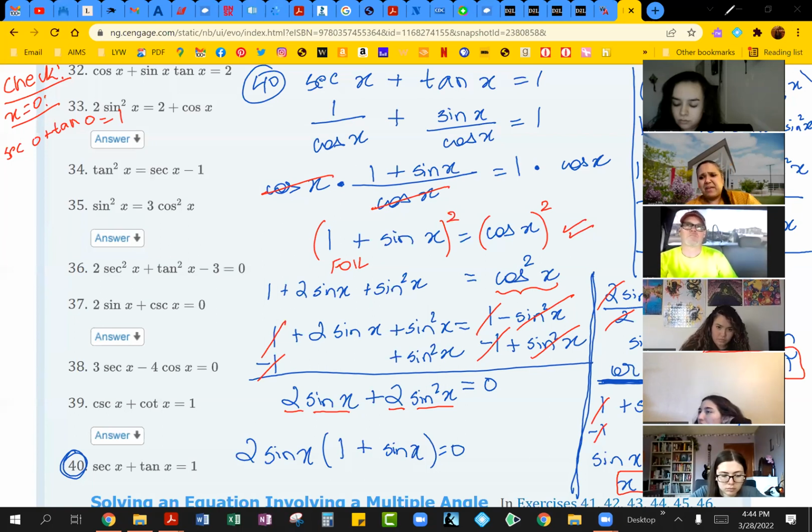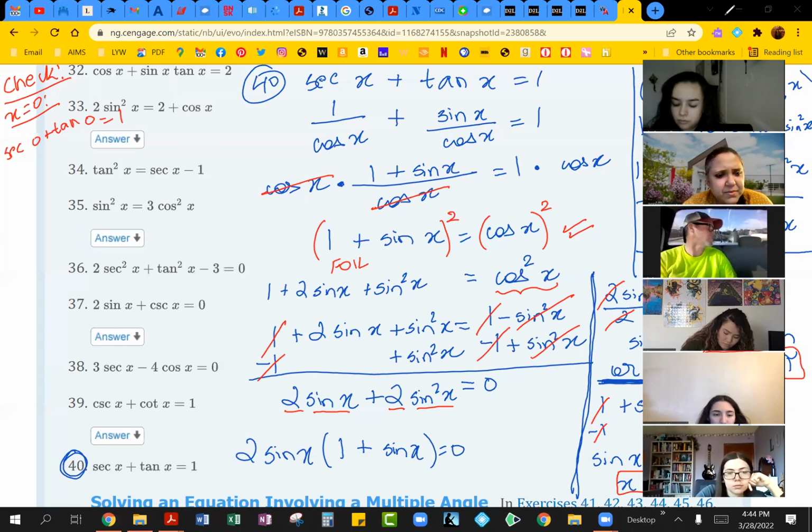You should be able to do that very quickly on a calculator. Just make sure your calculator is in the right mode.